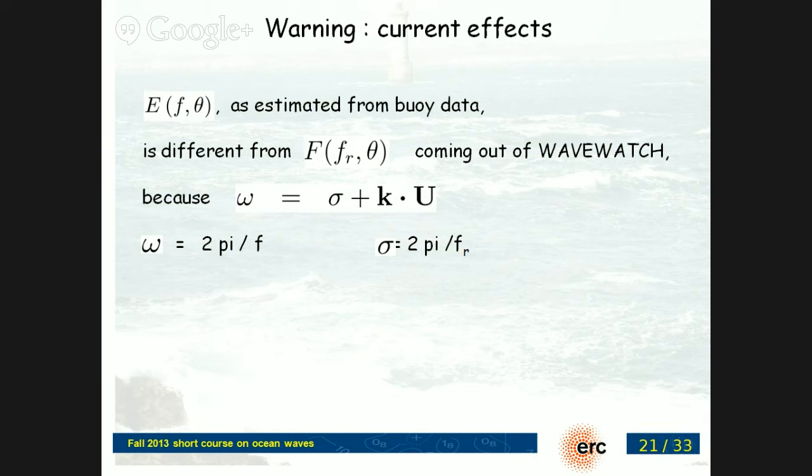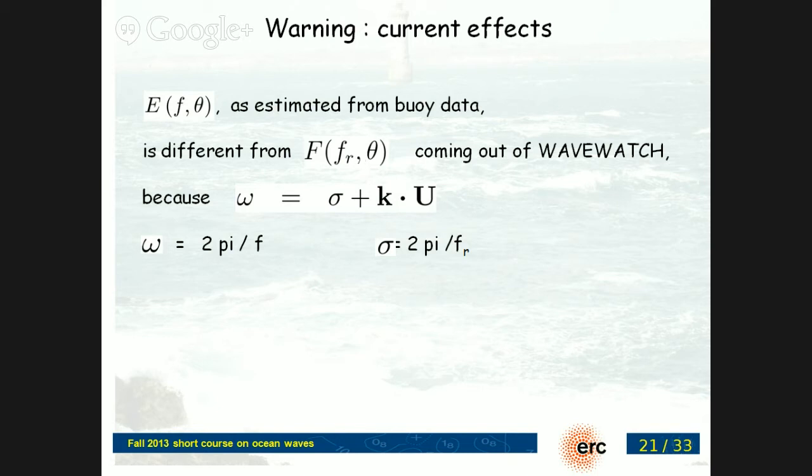That's what we use in the model, because it makes life simple: we actually work with a relative frequency. And so if you want to compare with measurements, you may want to make sure you make this shift back to the real world in which you have this Doppler shift. And this is where the fun begins. It's actually easy to do that in the model because we have the full frequency direction spectrum.